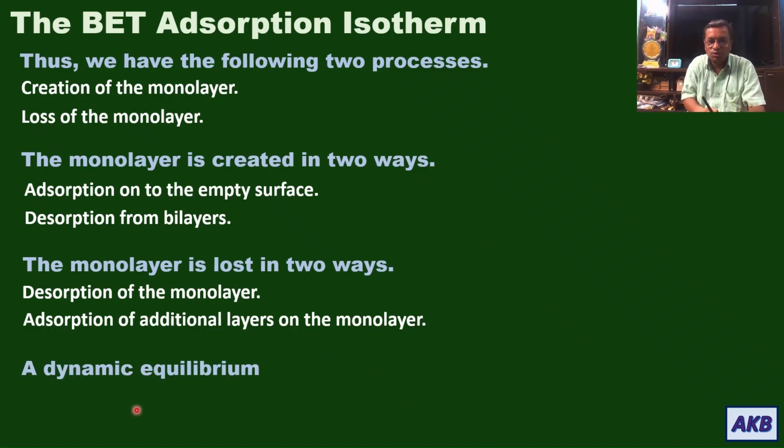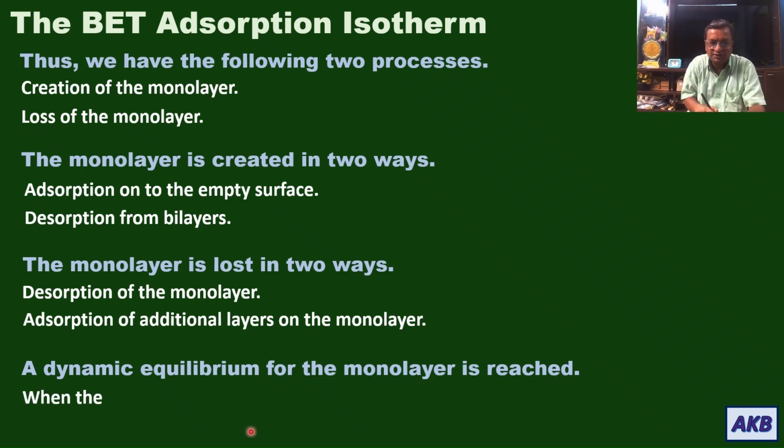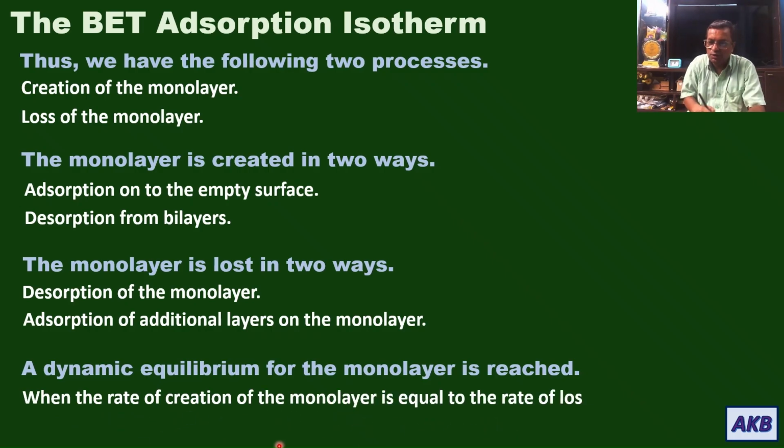The important point to note over here is that a dynamic equilibrium for the monolayer is reached when the rate of creation of the monolayer is equal to the rate of loss of the monolayer from the surface of the adsorbent. The rate of creation is the addition of two rates: the rate of adsorption on the empty surface and the rate of desorption from bilayers.